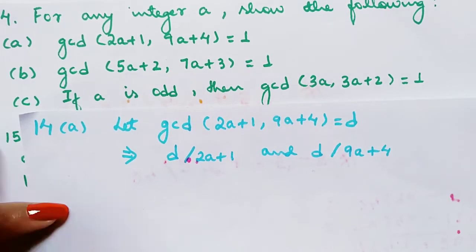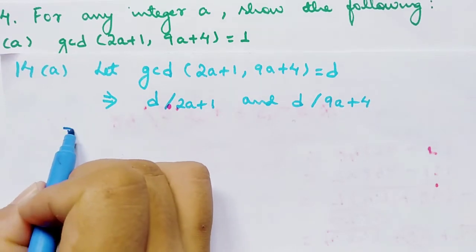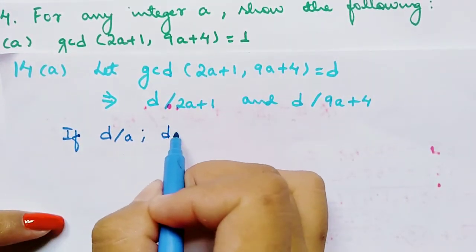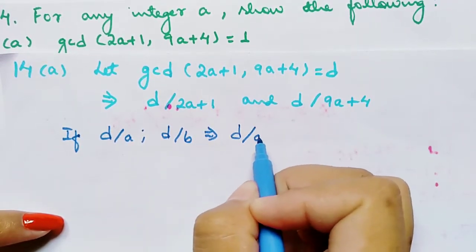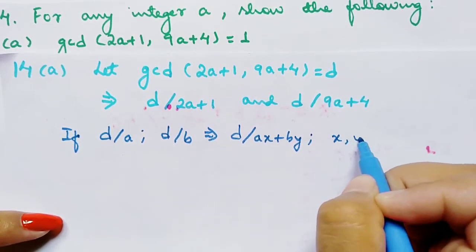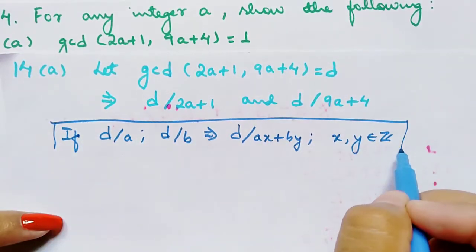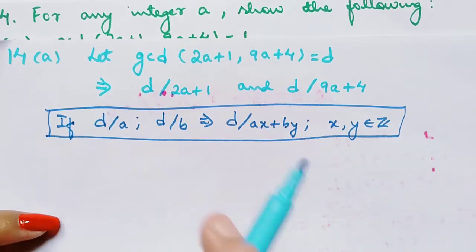And we also know that if D divides A and D divides B, then it implies that D divides AX plus BY, where X and Y are integers. This is what we have known before. Alright, we use this one.